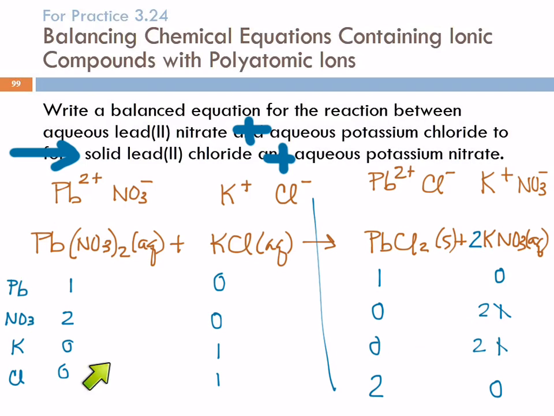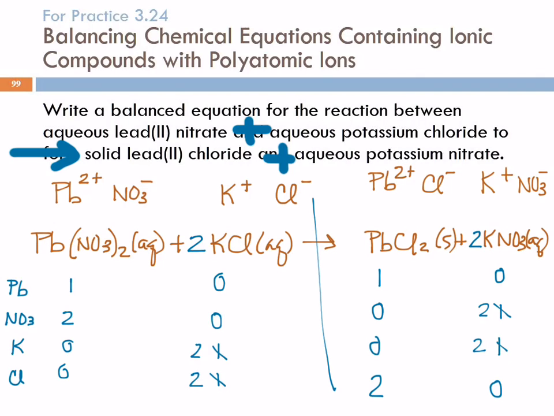We're good. Then I look at potassium. On the left side, I have 1 potassium. On the right side, I have 2 now. So I need to put a 2 in front of KCl. I can't change the formulas. You can't decide that a bicycle has 5 tires just because it would be convenient for you. But you can have more bicycles.